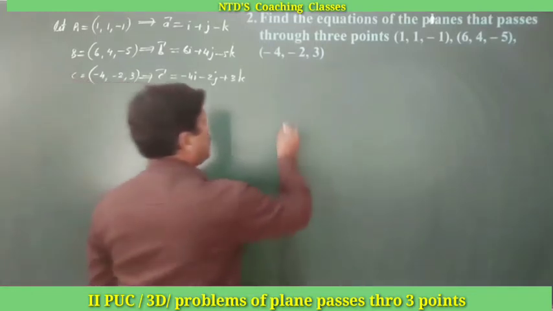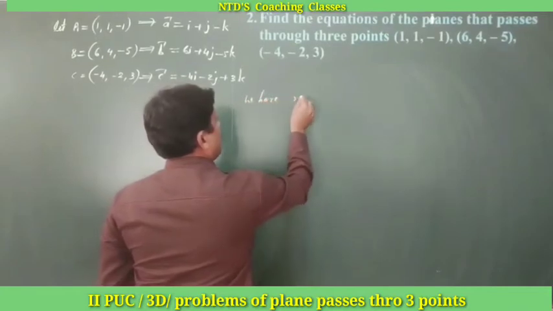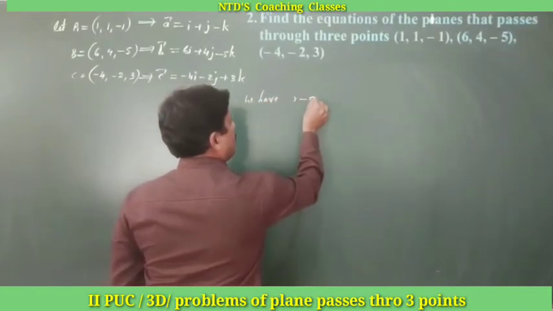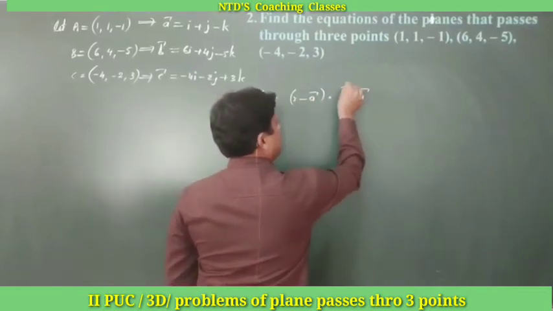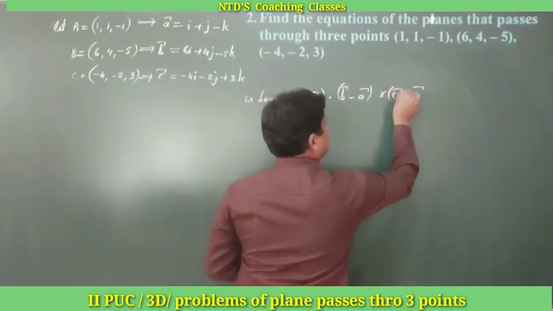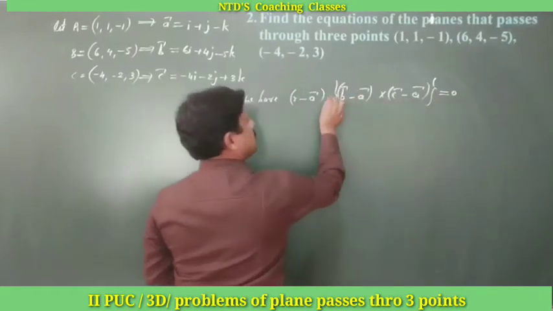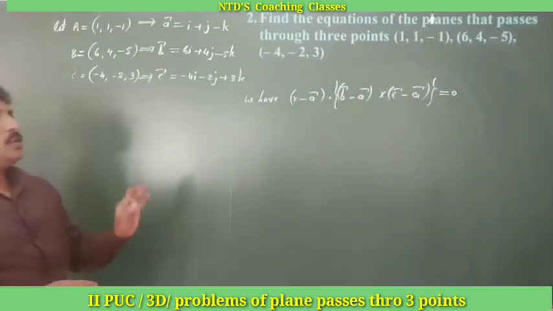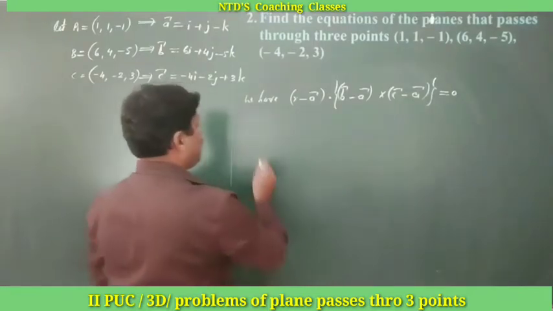Now we have the formula: R minus A dot B minus A cross C minus A, flower bracket equals 0. This is the equation of a plane in vector form. Substitute the values.